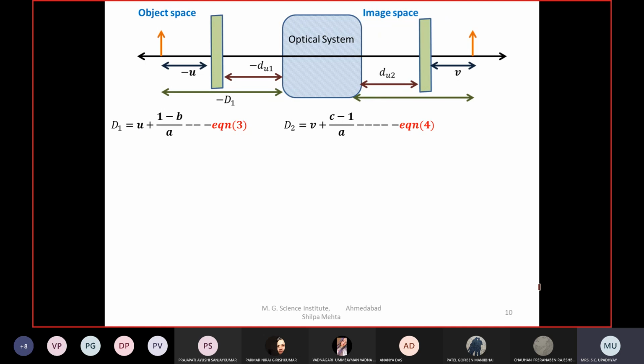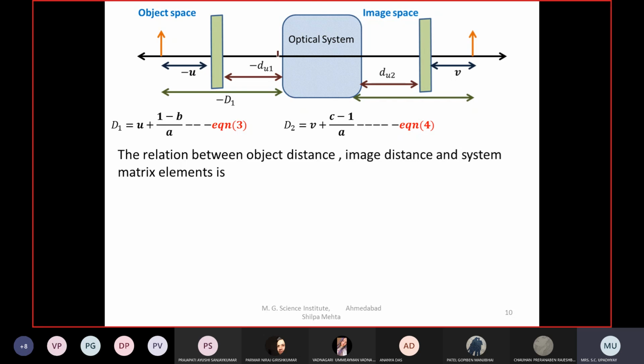Wherever there is an object distance and an image distance, that is, when we have an optical system with object and image, we have to consider one spatial relation. And what is that relation? If we have an object, an image, and a system matrix, that is our optical system, then we consider the relation a d1 d2 plus b d2 minus c d1 minus d is equal to 0.